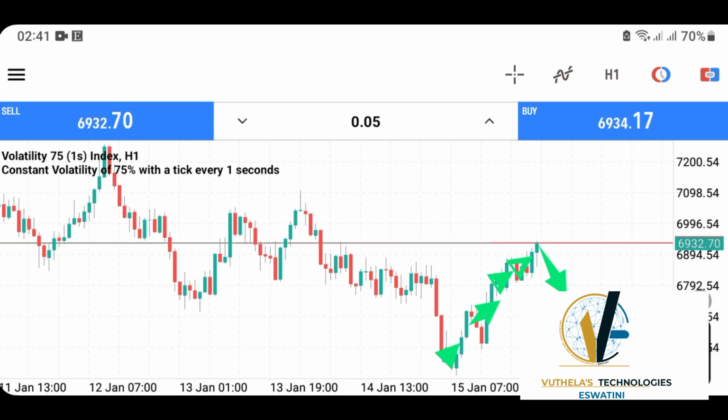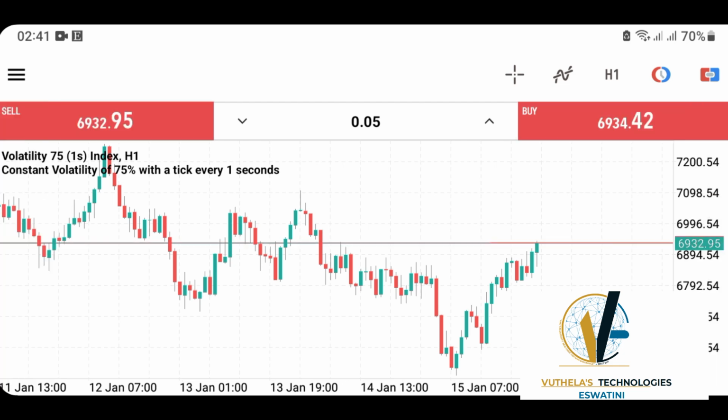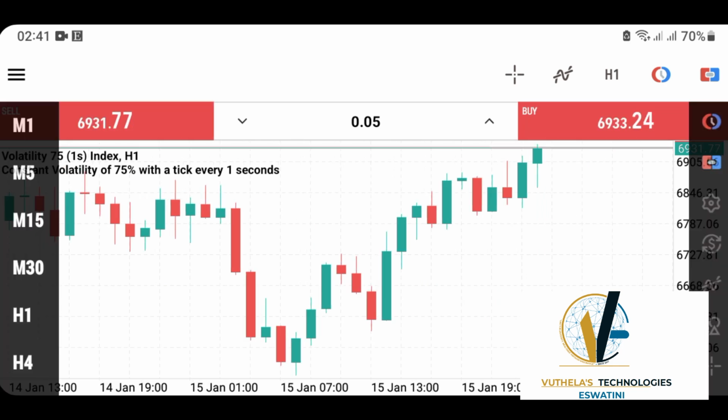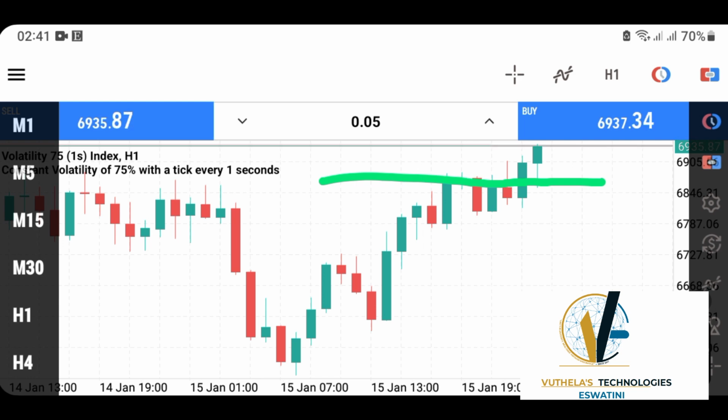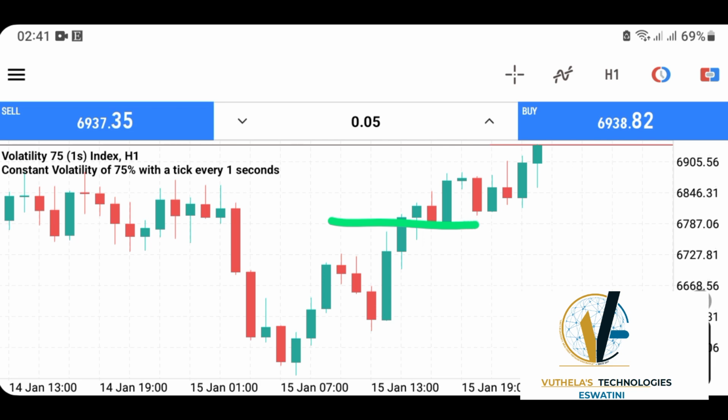So when the market fails to continue going up, it makes what we call a level after it has been rejected more than twice. Okay, as you can see here, there is this level. There are multiple candlesticks. They were trying to go up here multiple times, and there are candlesticks here. They were trying to go down multiple times at the bottom here, okay, and here at the top.